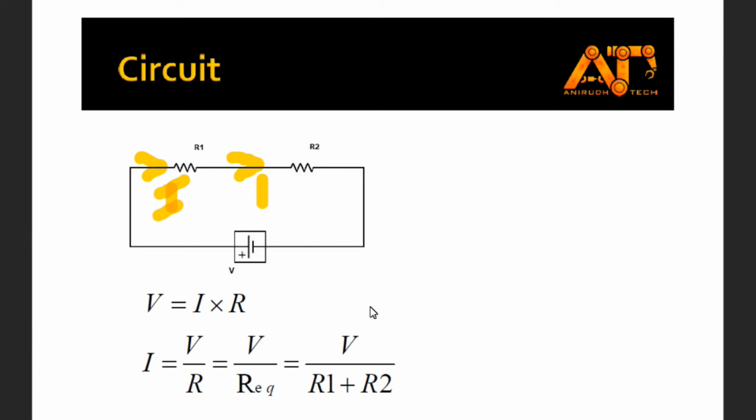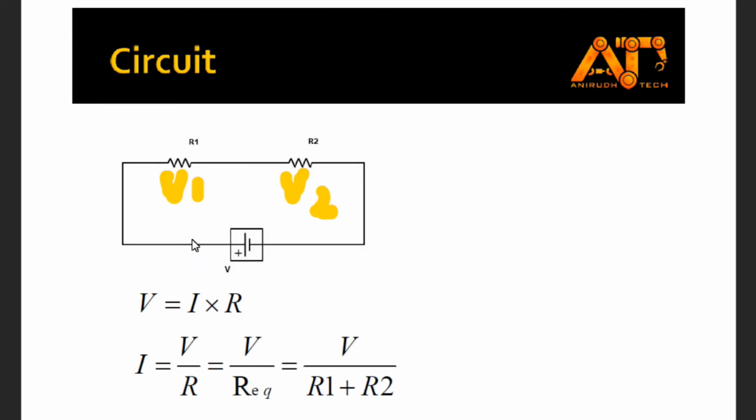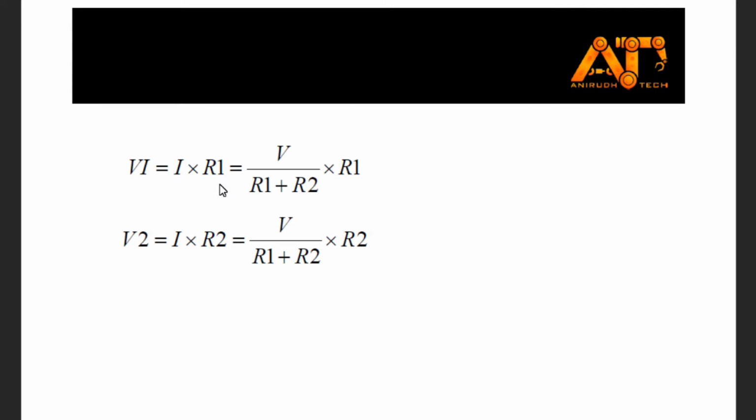So we can say that the voltage across first resistor R1 is V1, and the voltage across R2 is V2. So V1 is equal to I into R1, that is total current flowing through the circuit multiplied by the resistance of that element itself, that is R1 here.